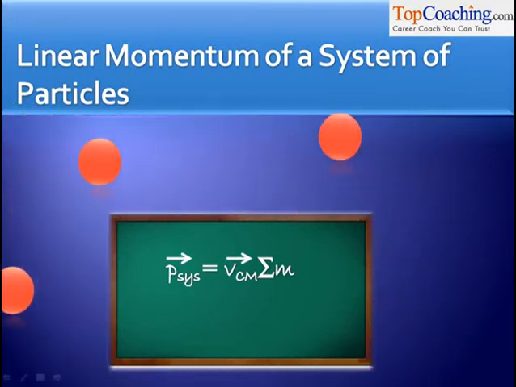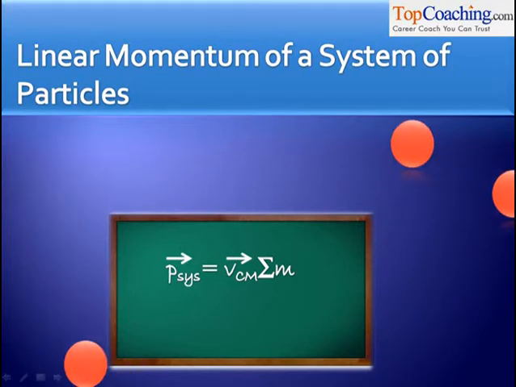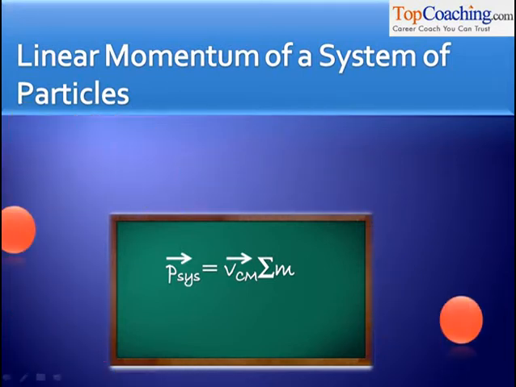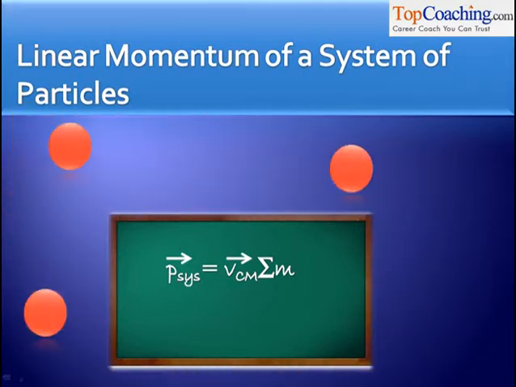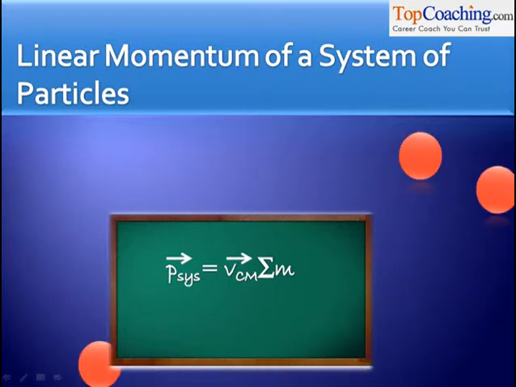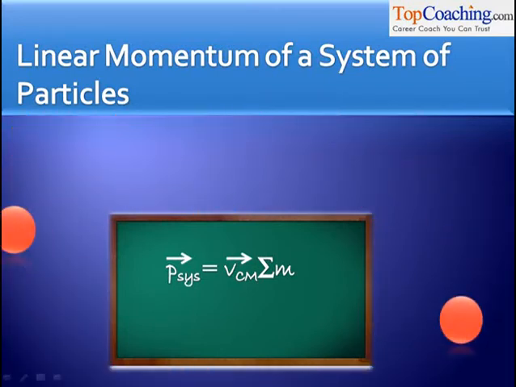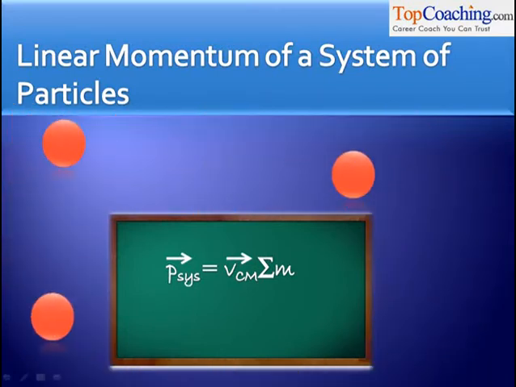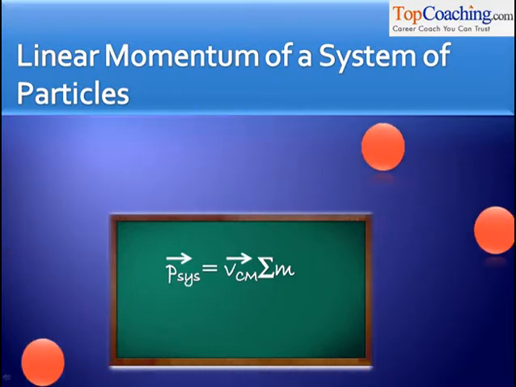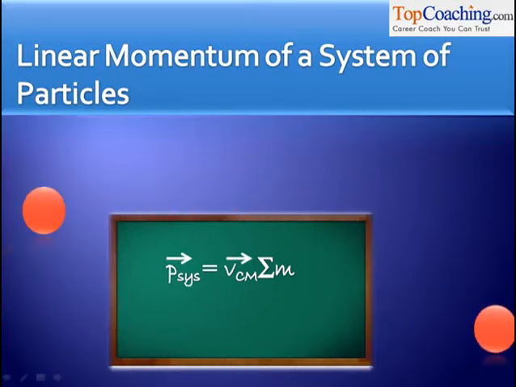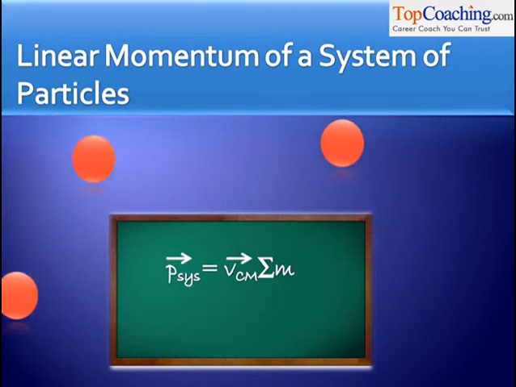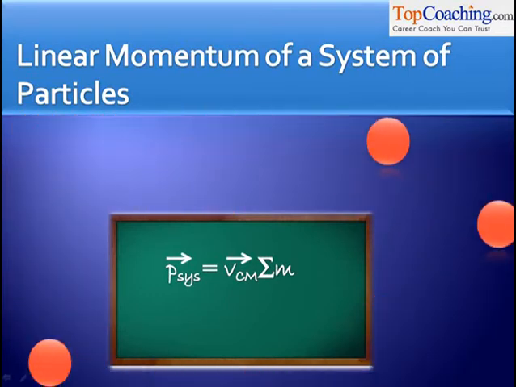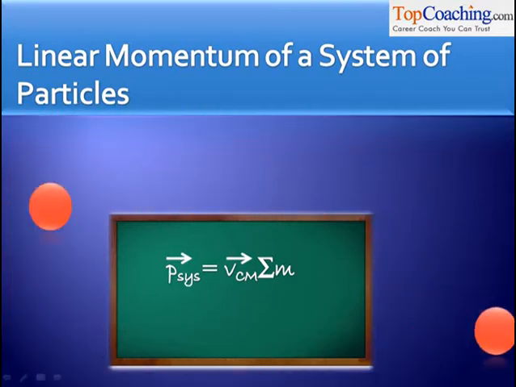So the linear momentum of the system is the net mass of the system into the velocity of the center of mass of the system. Understood? So the linear momentum of these three particles is equal to the velocity of the center of mass of these particles into the sum of the masses of these particles. Understood? So this is one important formula that you have to remember.